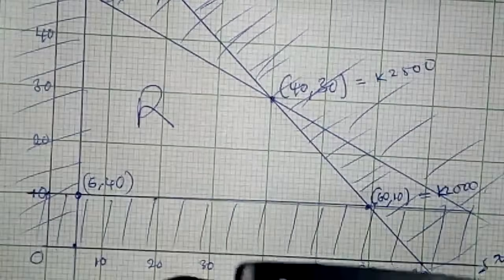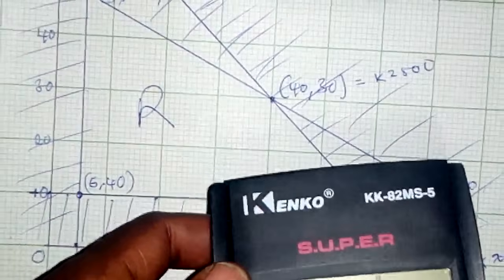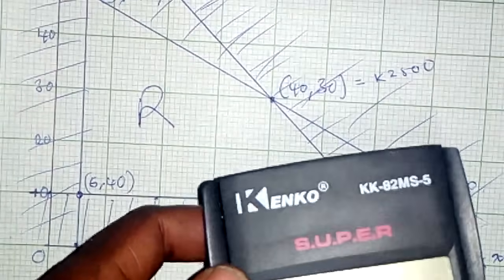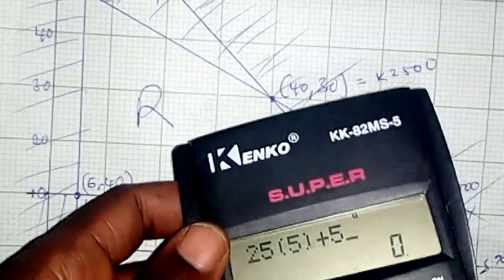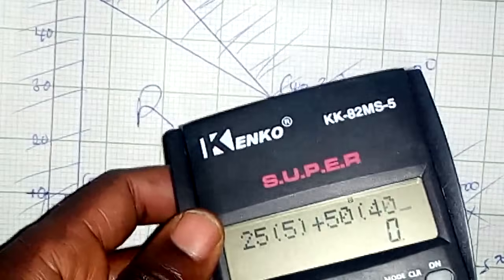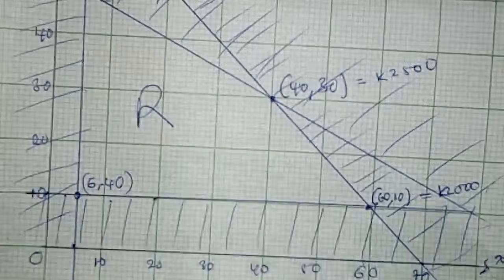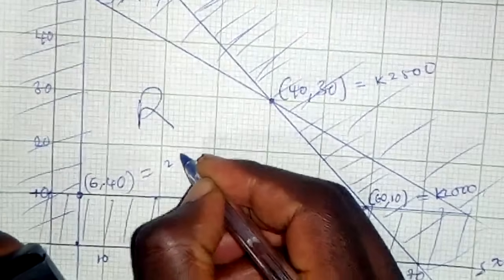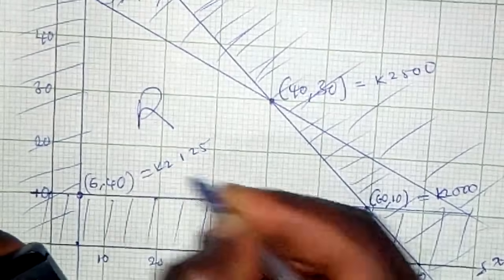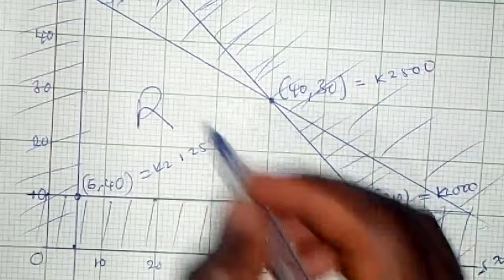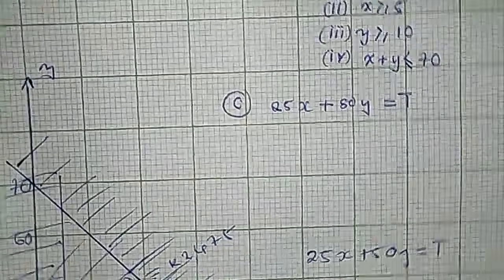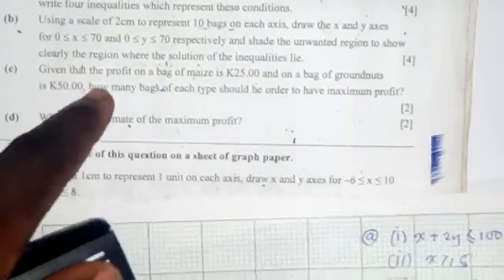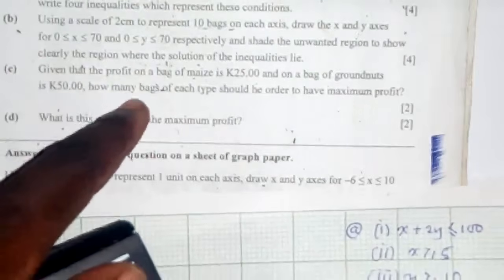We come to this one, it's 25, open 5 there, plus 50, open 40, solve. It's giving me 2,125 kwacha. So which one is the maximum here? It's this one, which has the maximum value.